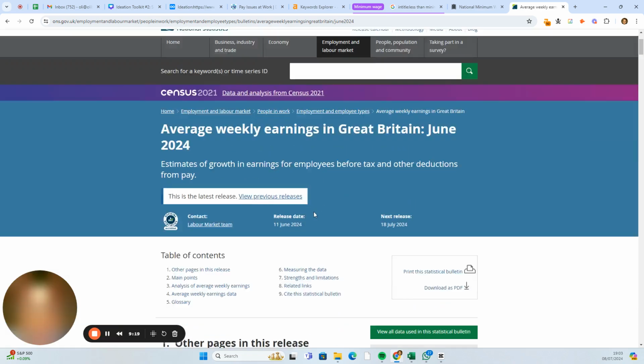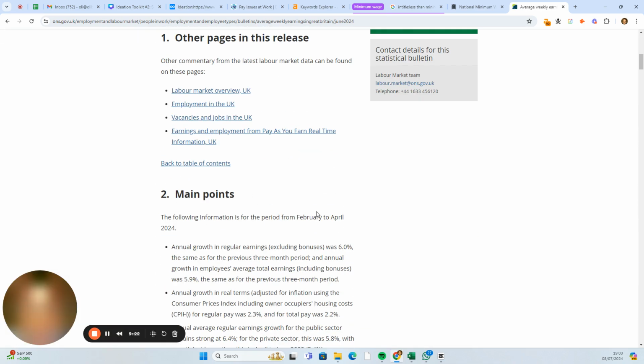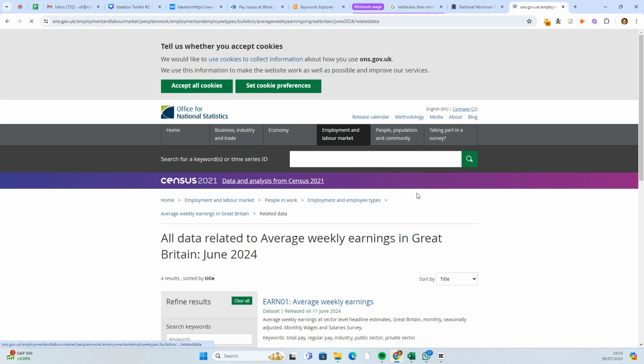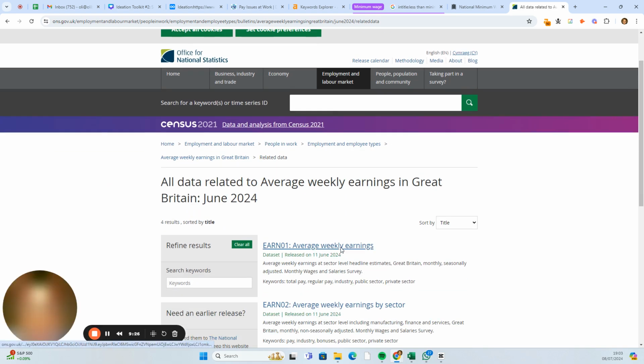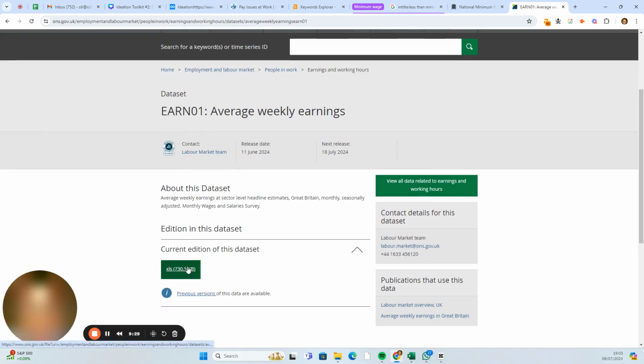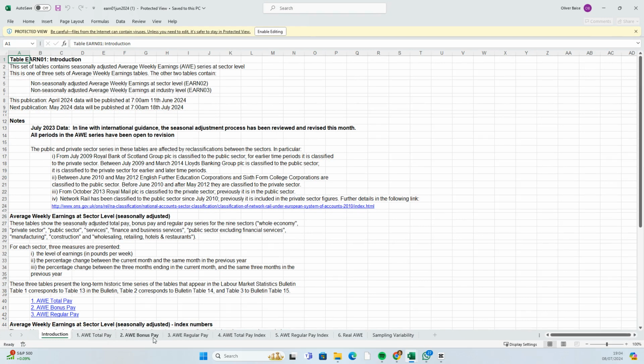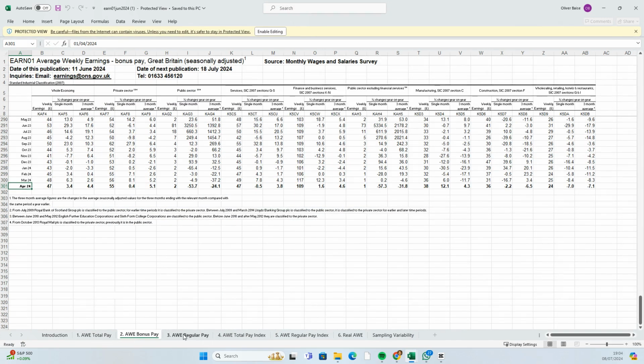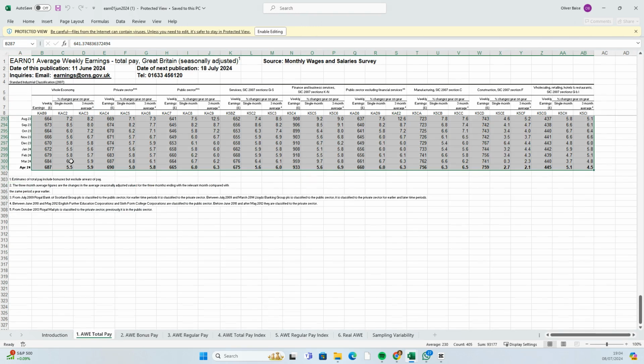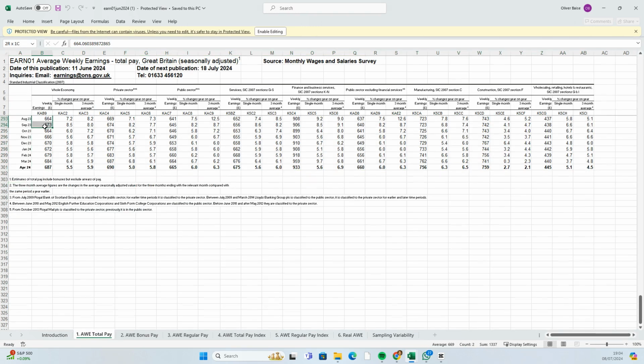Average weekly earnings in Great Britain. Data used in the statistical bulletin. Average weekly earnings. Total pay. So here we do have the weekly earnings.